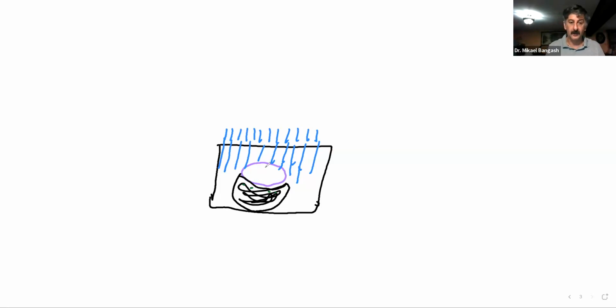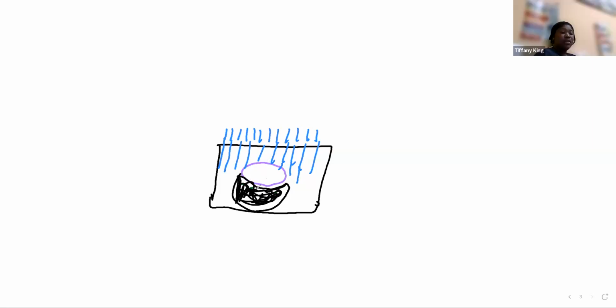But what we mainly will say is that, due to the characteristics of this structure here, what we may see deeper than the structure is a shadow. Did that make sense? Yes.